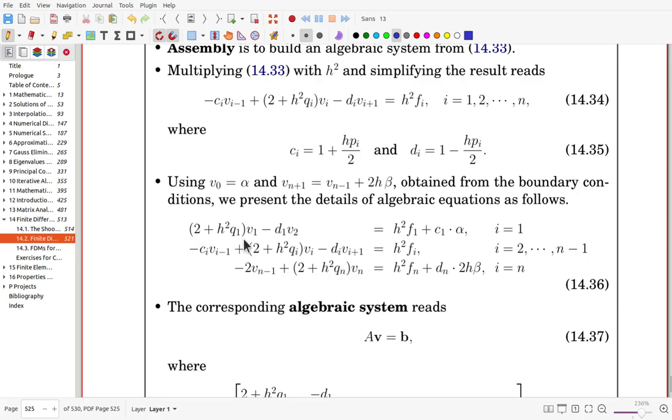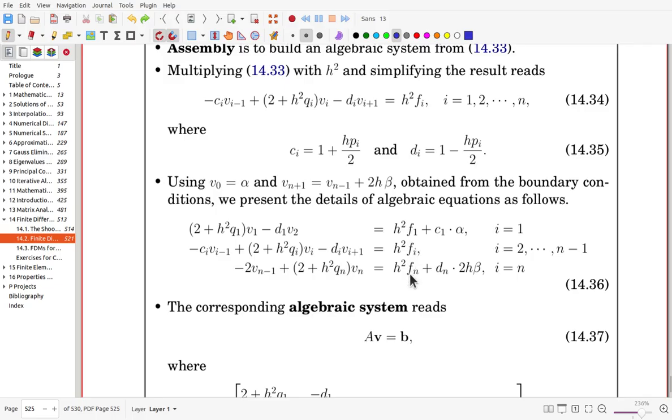Because we know at x0 the value alpha, by using that we can get this equation. And from 2 to n minus 1, the interior points, just the standard equation will be used exactly. And at the last end point, the edge point, we are using that one, and we can get this one.